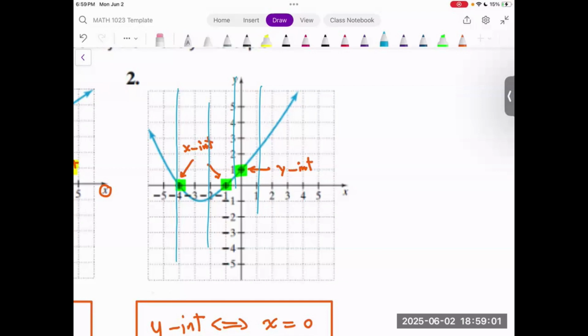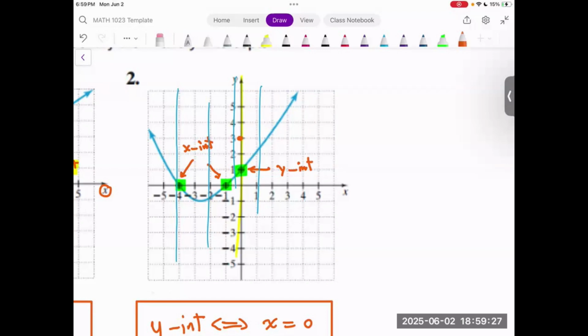Now, for any function, I could have many x-intercepts. I don't have a problem with the x-intercept. What I do have a problem with is, which one? Can I have 2 y-intercepts? I cannot have 2 y-intercepts. Why? Because if I had 2 points on the y-axis, the graph is not a function anymore.